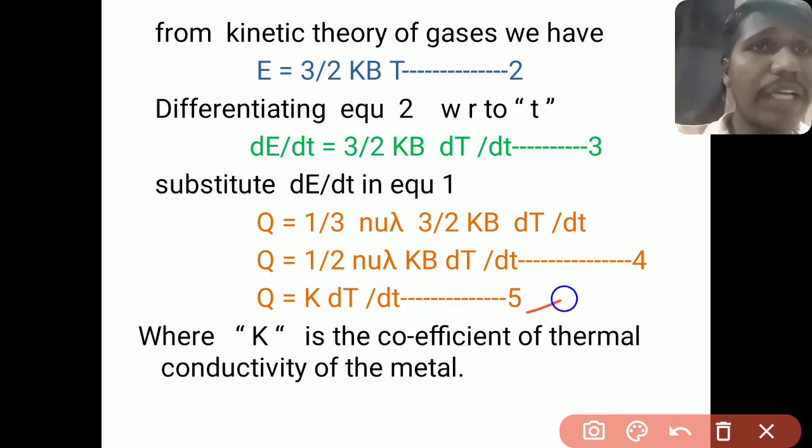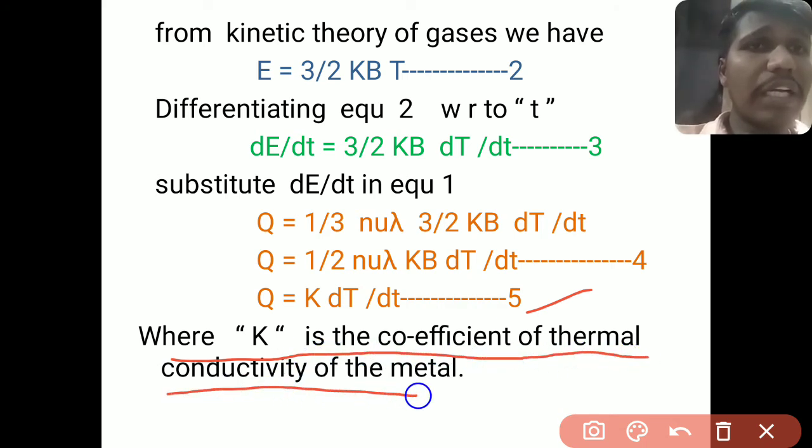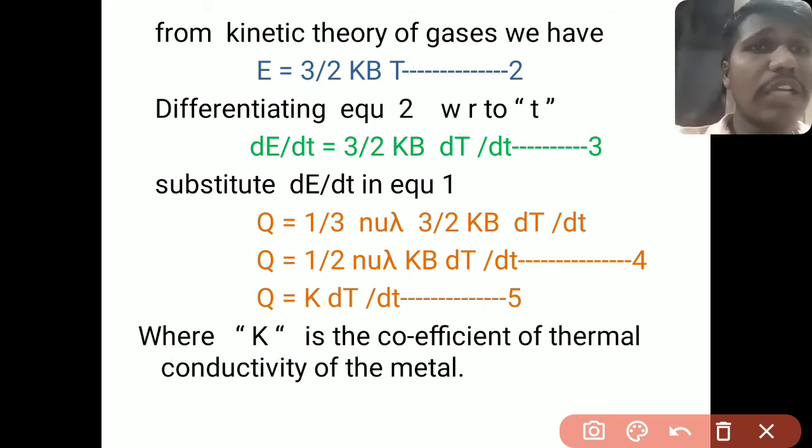Equation number 5 is Q is equal to K into dT/dx, where K is the coefficient of thermal conductivity of a metal. So we are getting equation 5.